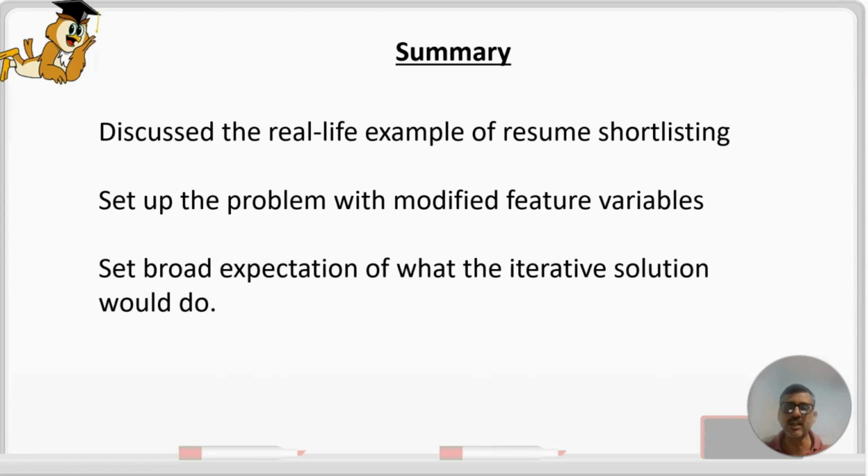Then we set up the problem with modified feature variables. Very important step for a practicing engineer, though you may not see this step in too many online courses or lectures. And finally, we set the broad expectation of what the iterative solution is supposed to do. Okay, so that is what we did in this lecture.